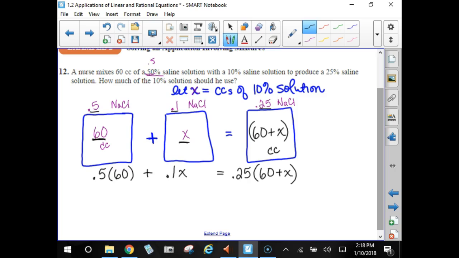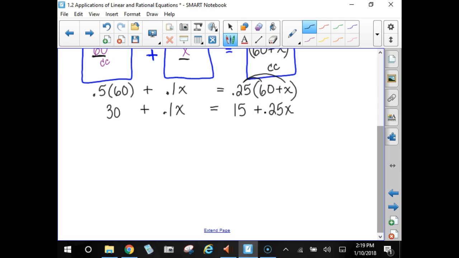0.5 times 60 is 30, plus, bring down the 0.1x, equals 0.25 times 60 is 15 plus 0.25x, once we distribute the 0.25 through to each of those terms. Now it's a matter of getting constants on one side, variables on the other.